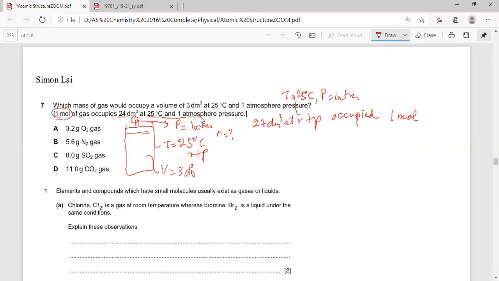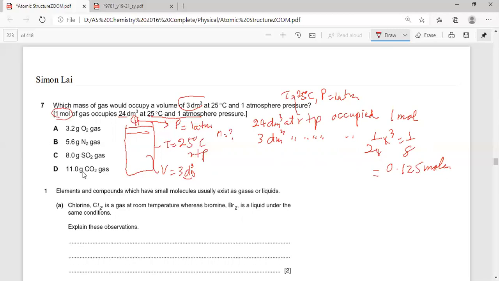So here, what's the volume of the gas? 3 dm cube at the same RTP occupies how much? 1 over 24 times 3, which is 1 over 8, and it equals 0.125 moles. So how many grams?